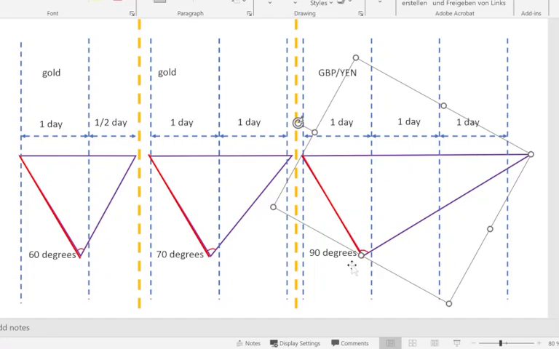We would need to wait for around 2 days, almost 2 days and a half, for the price to reach the initial price level where the drop had started in the first place.